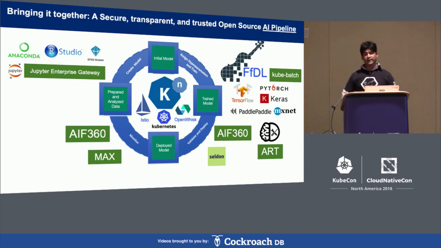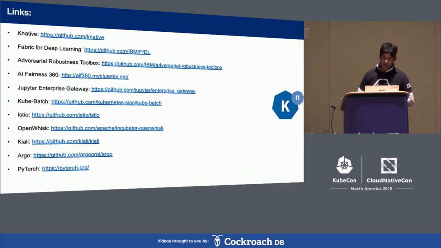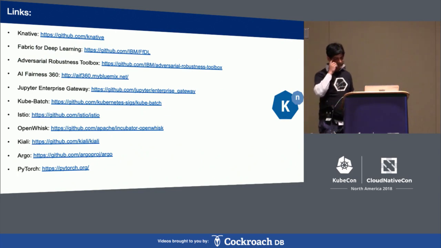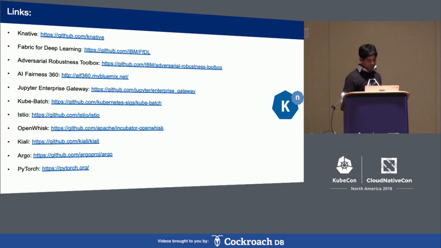A lot of the KNative components are in early stages of evaluation, which we are trying out. A lot of the projects and the GitHub links which we talk about are on this particular page, right? So if you do want to take a look at some of these projects, Fabric for Deep Learning, AI Fairness 360, Kiali, which he showed for observing the traffic, all those links are listed here.